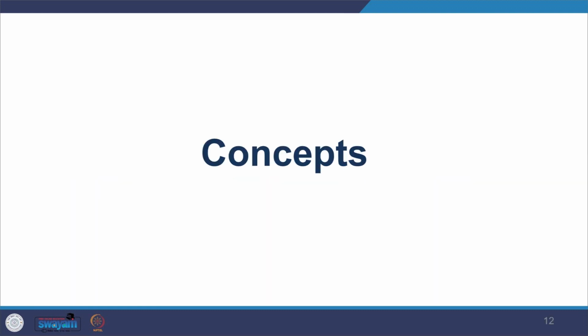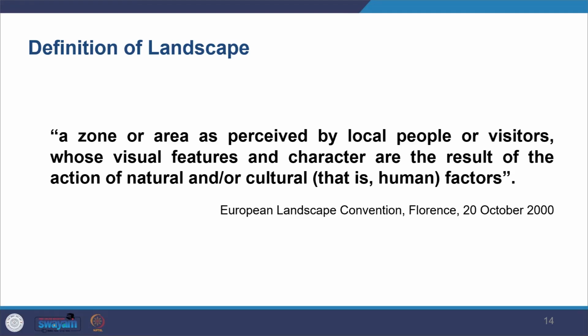Moving on to the concept part, the first part. How do we really define landscape? Landscape, as defined by the European Landscape Convention, is a zone or area as perceived by local people or visitors who come to a place, whose visual features and characteristics are the result of the action of natural and cultural factors.